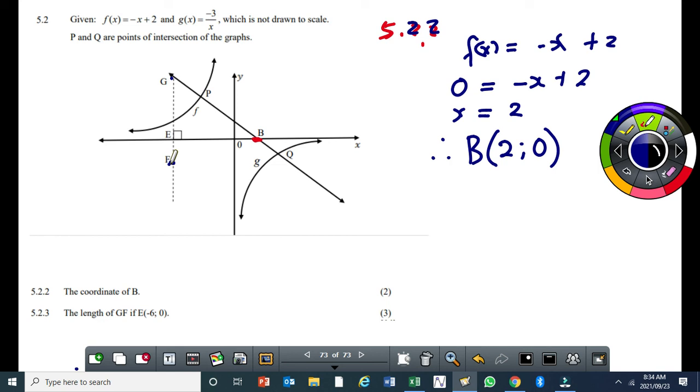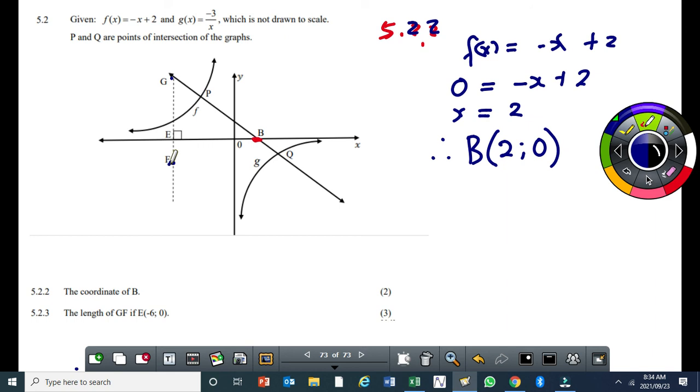We are told that at point E, X is minus 6 and Y is 0. It means at this point X is equal to minus 6, and we can substitute X equal to minus 6 and determine the Y value. Then after that, we can determine our distance.